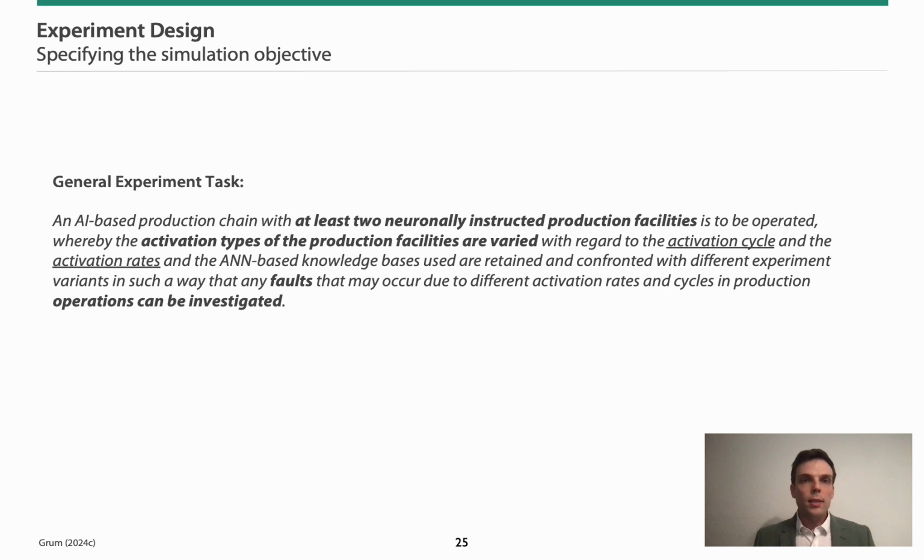There should be at least 2 neuronally instructed production facilities. Further, experiments should vary activation types in regard to activation cycle and rates. The effect will become apparent in the context observed, which here refers to the production operations that can be investigated now.